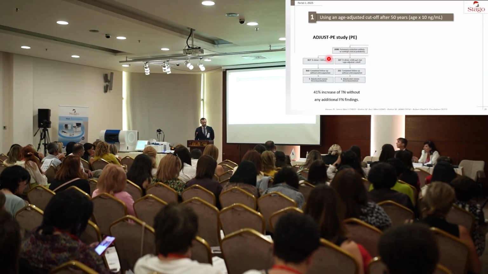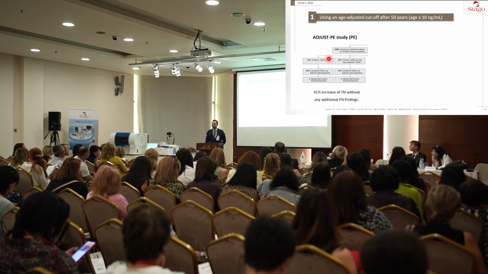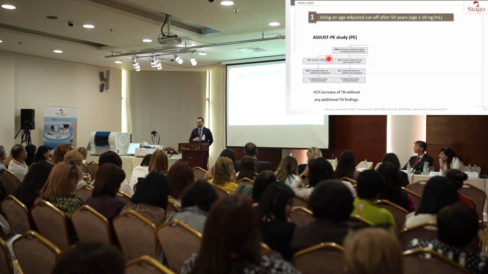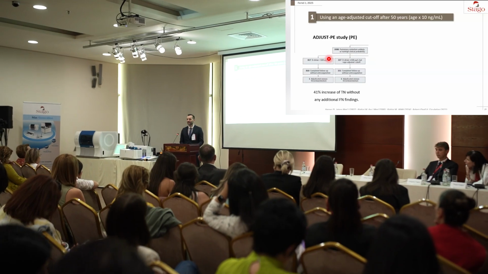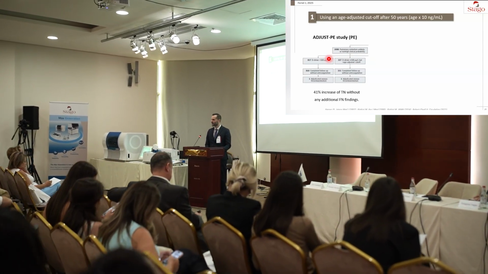Among these patients, 817 had a D-dimer level below 500 nanogram per milliliter. So for sure, the vast majority of these patients did not have a pulmonary embolism.